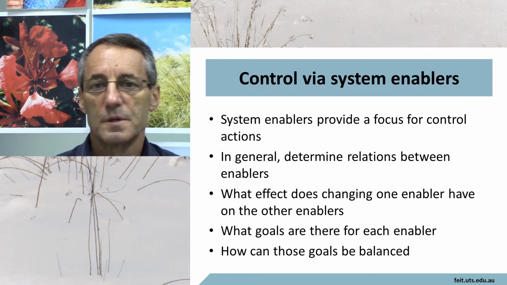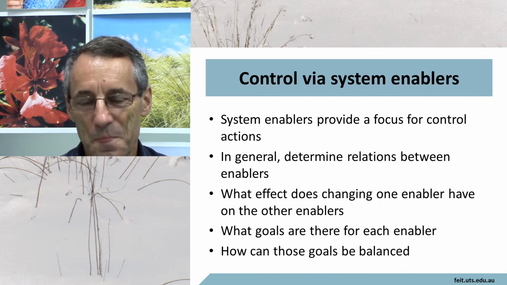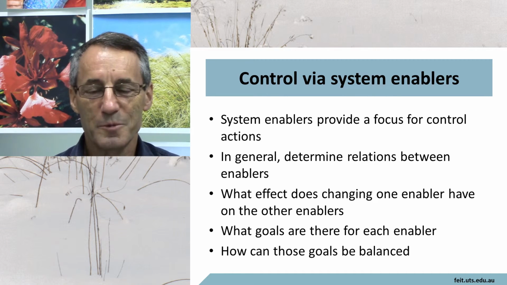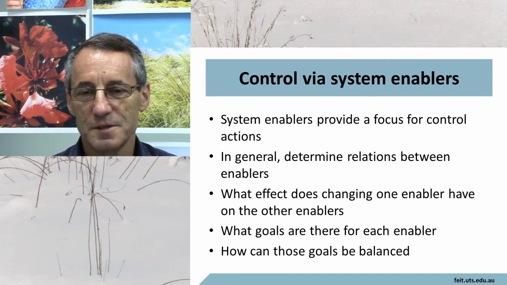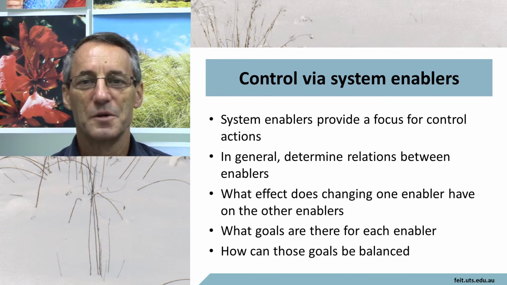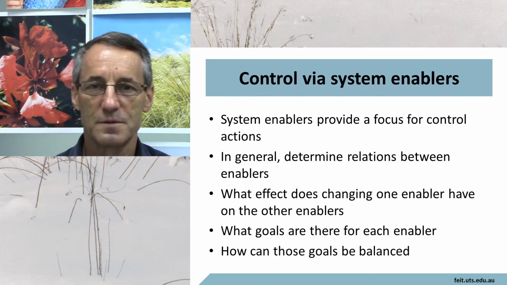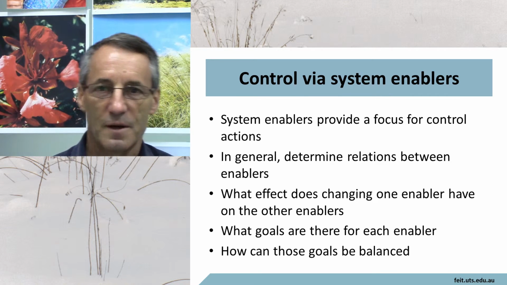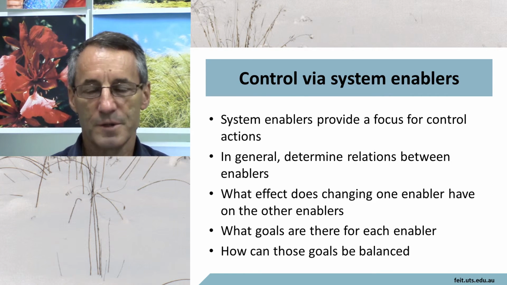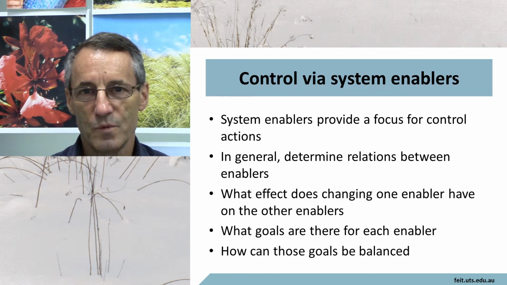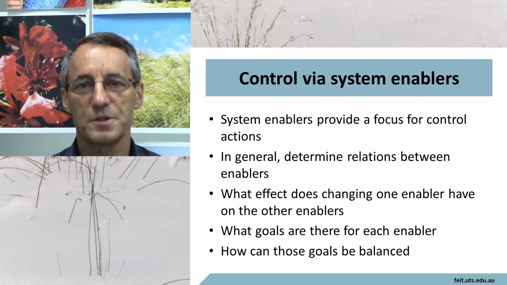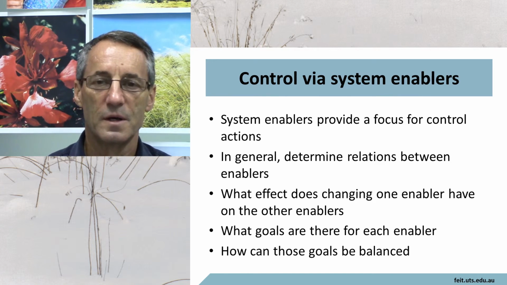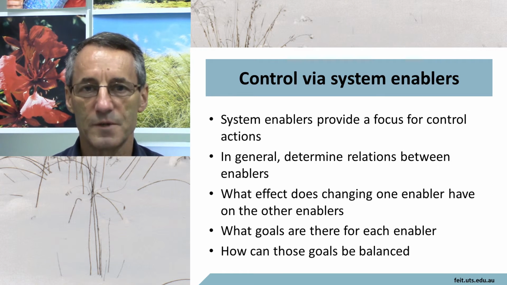And of course, you can have local optimization for a global disadvantage, and that often happens in, say, factories where you speed up one machine to the detriment of the entire system. So when you're trying to improve these enablers, you have to be mindful that it's the operation of the entire system that matters, not the operation of a specific enabler.